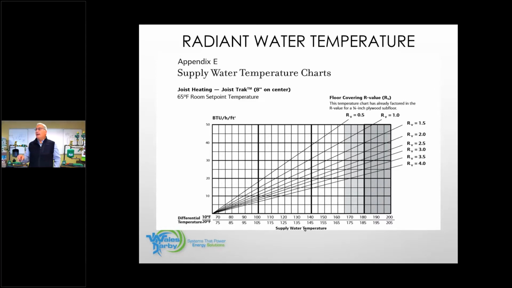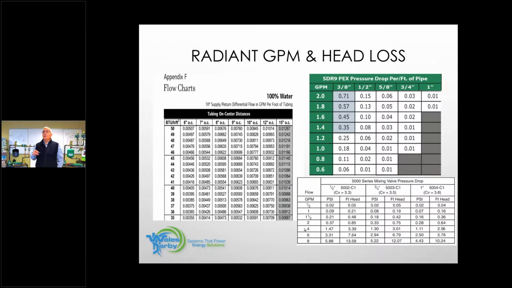All right. So now we got to figure out what's our GPM, what's the head loss. So I put a whole bunch of charts up here. Again, the flow chart is from the Uponor C dam. And you can see that I got BTUs per square foot on the side. So 35 is right there, but ooh, we do have 36. So if I went 8 inches on center at 36, I'm going to multiply by 0.00486.